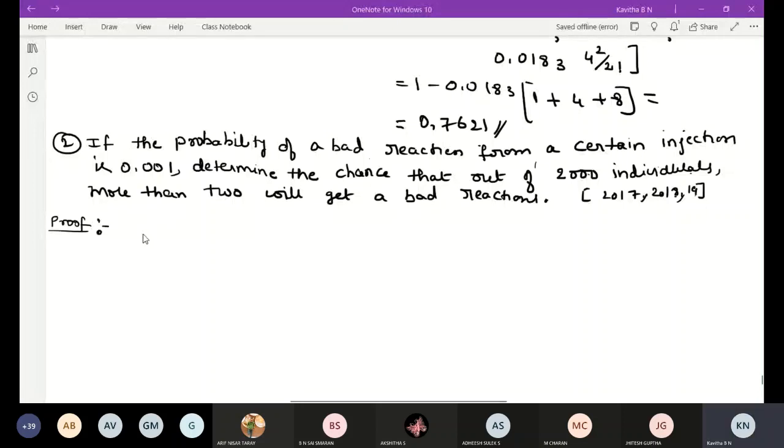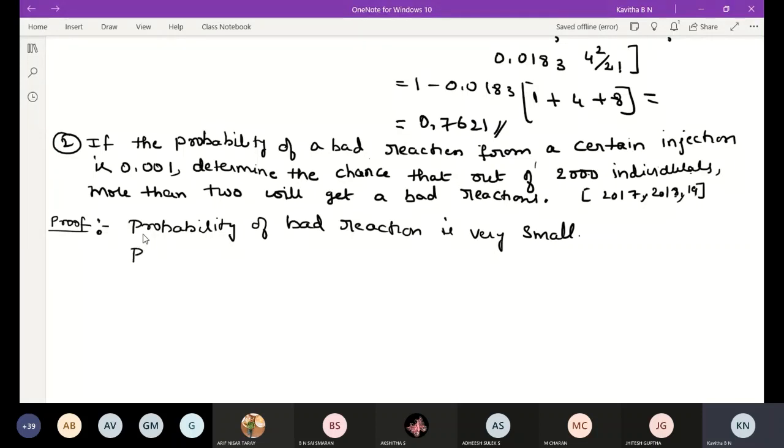Okay, here the probability of a bad reaction is very small. Probability of occurrence is very small. Then write the formula here, Poisson distribution formula.